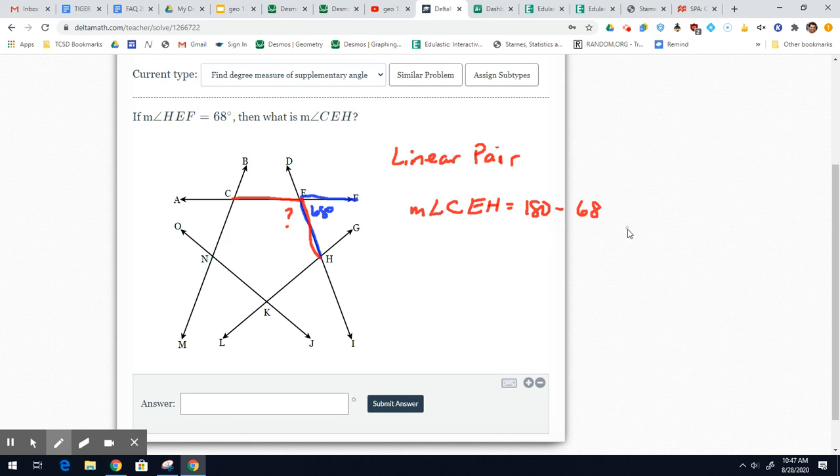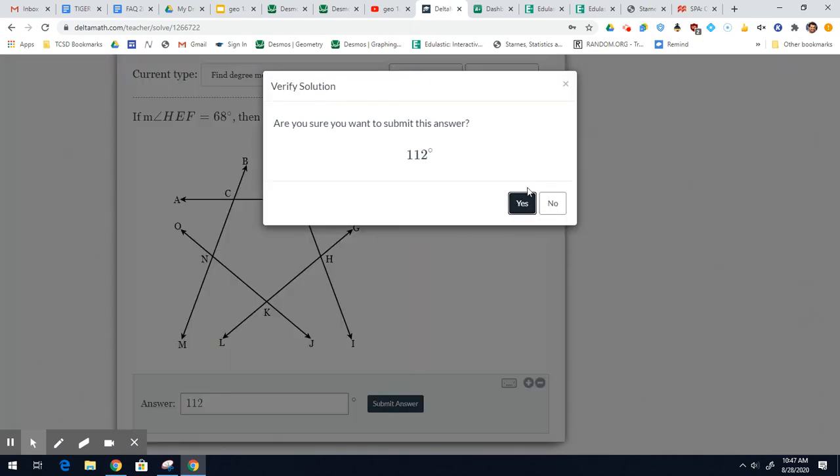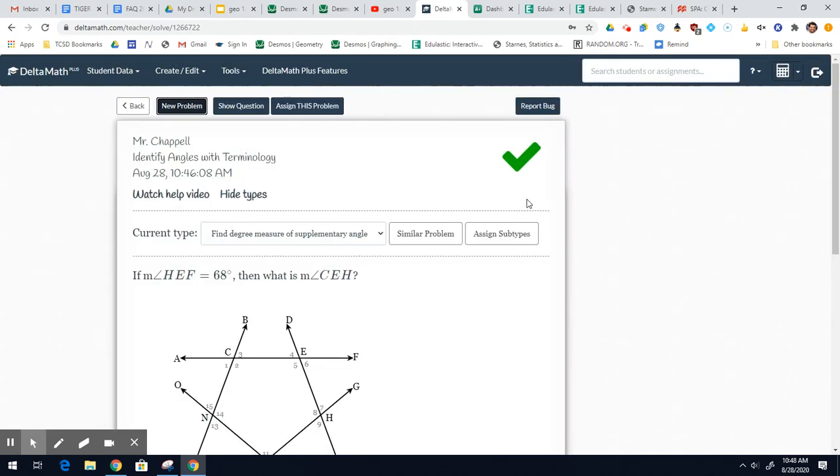Now you can use the Desmos graphing calculator. I can do this in my head. This is 112. And that's going to be the angle measure of CEH. Again, feel free to use a calculator, handheld calculator, whatever you've got to do to get it done. Don't let that stop you from getting it right. Okay, let's hope we're right. 112, submit, cross your fingers. Oh yeah, and I'm right.